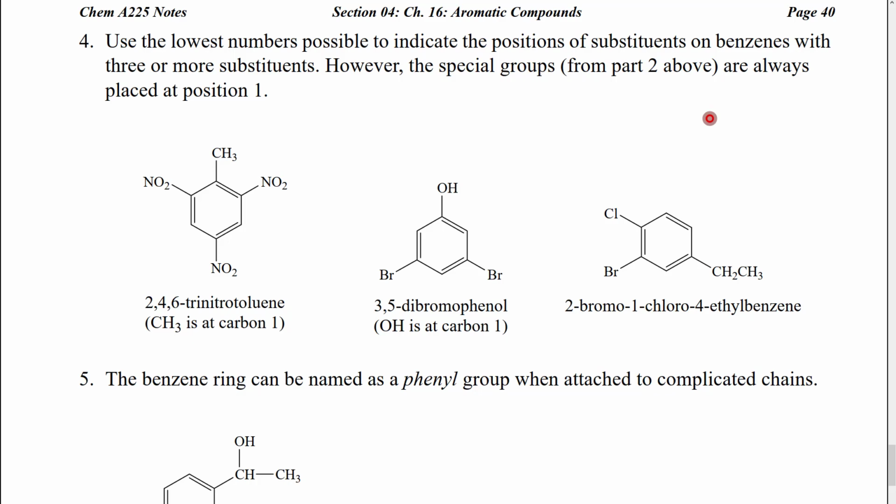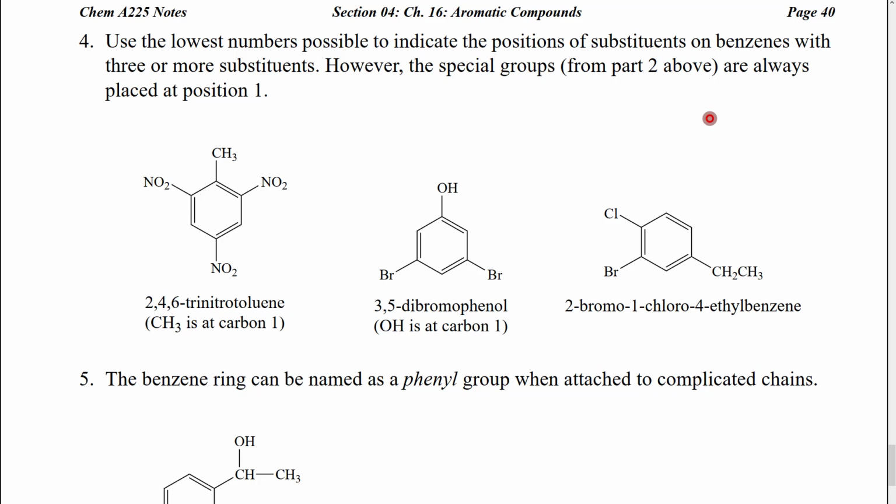When we have 3 or more substituents, what we do then is we actually number the positions and list the substituents in front in alphabetic order. The only complication of this is the special groups that we talked about earlier that name these special benzene-related molecules.